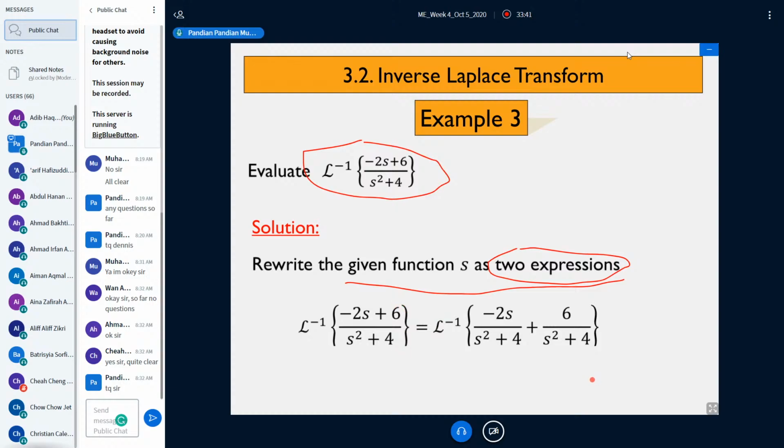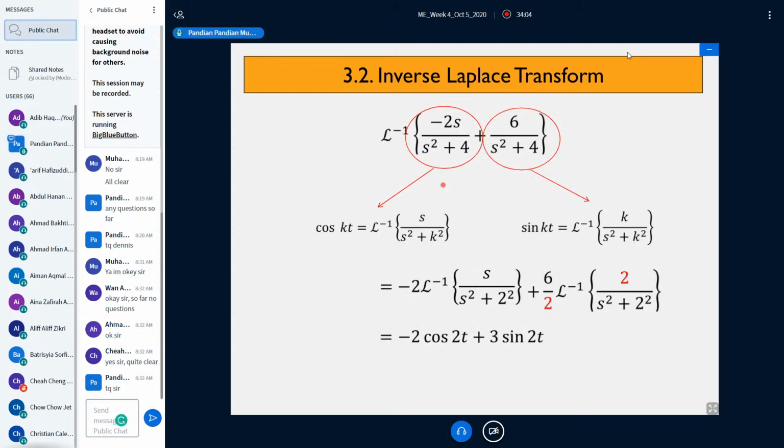To make your life easier, the inverse Laplace of minus 2s over s squared plus 4 plus 6 over s squared plus 4. So you already have 2 pieces. Now break again into the inverse Laplace of minus 2s over s squared plus 4 and the inverse Laplace of 6 over s squared plus 4.